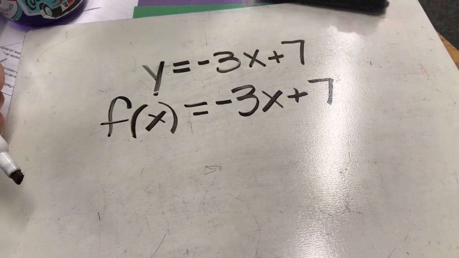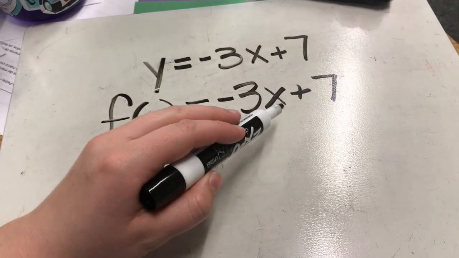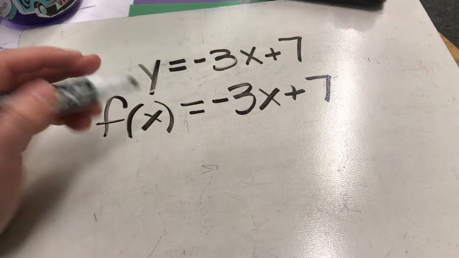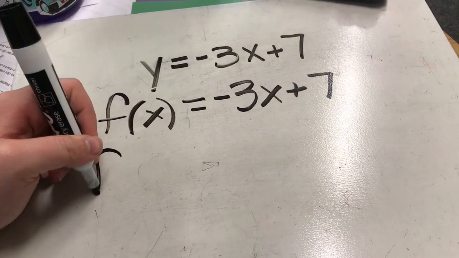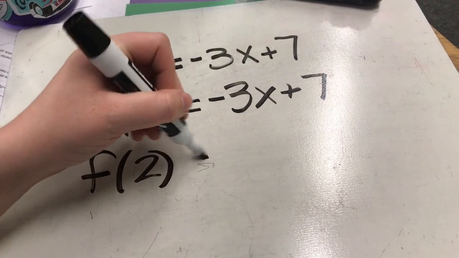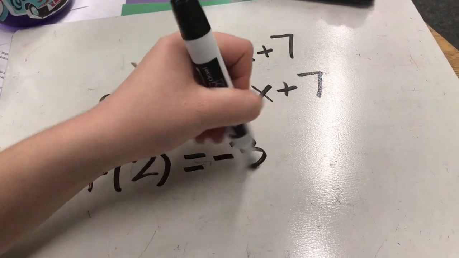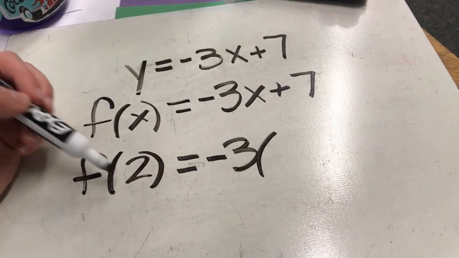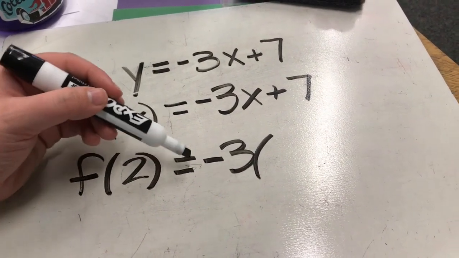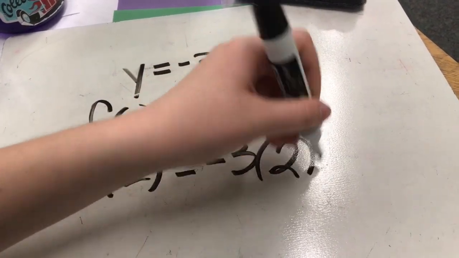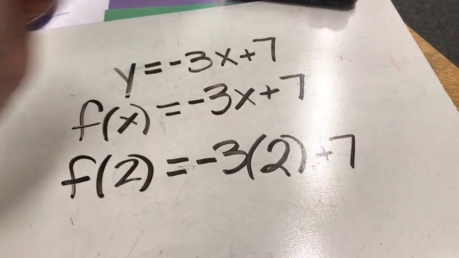So we can use this to solve the equation, find our output for any given input or x value. For example, we would write f of, let's say, 2. Which we're saying that when x is 2, f of 2 is negative 3, replacing x with our 2 again, plus 7.